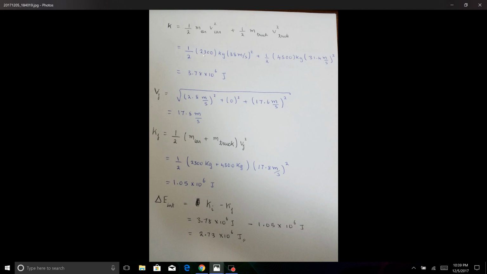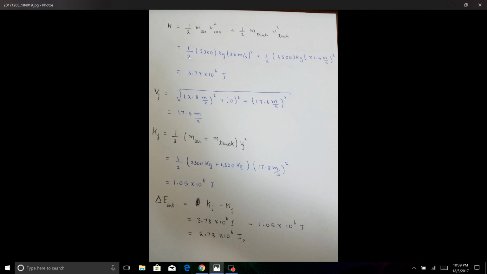We know the mass of the car is 2,300 kilograms, and the magnitude of its velocity is 38. The truck is 31.4 meters per second, with a mass of 4,300. By solving it, I got the total kinetic energy before the collision to be 3.78 times 10 to the 6 joules.